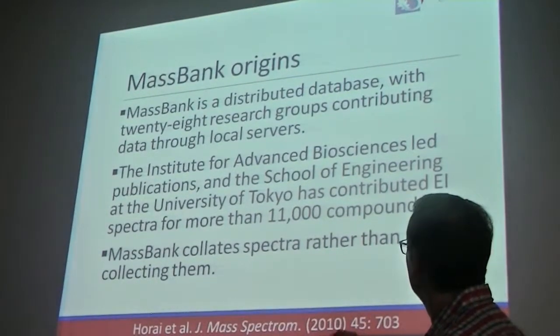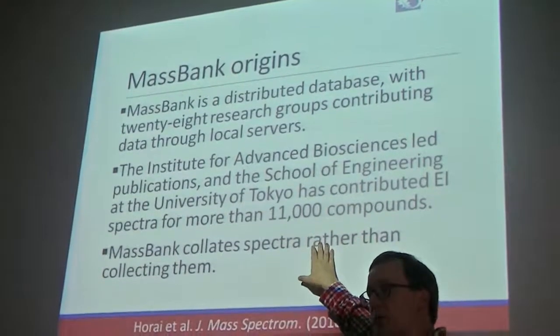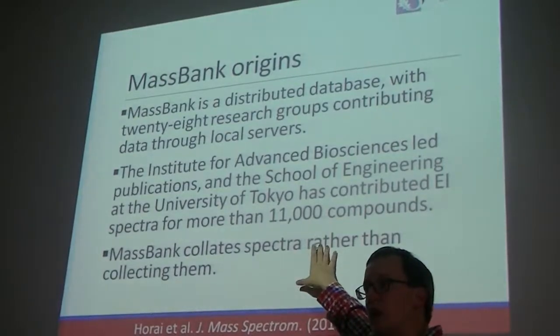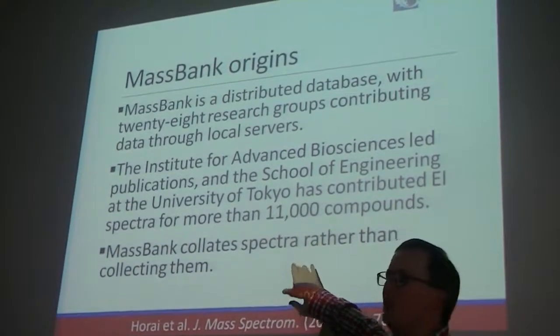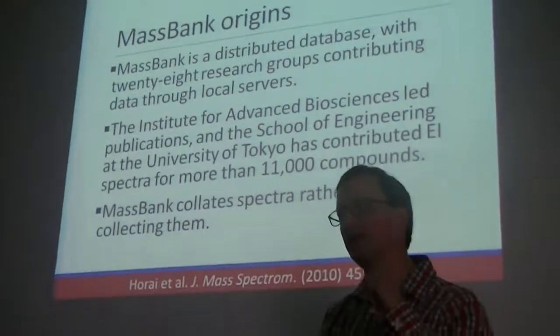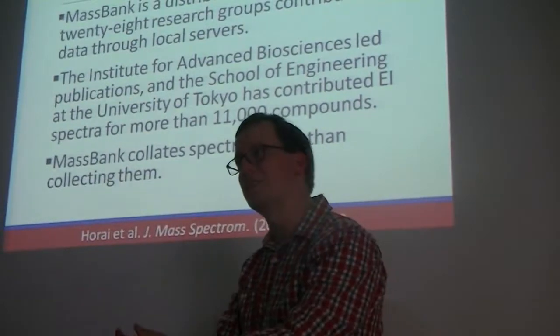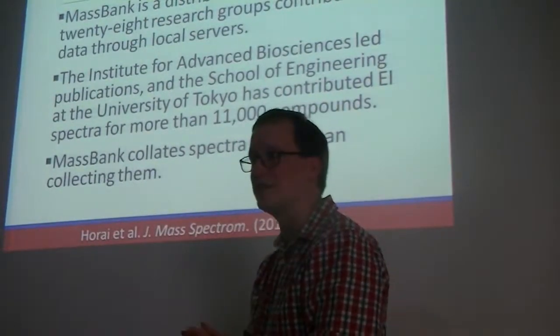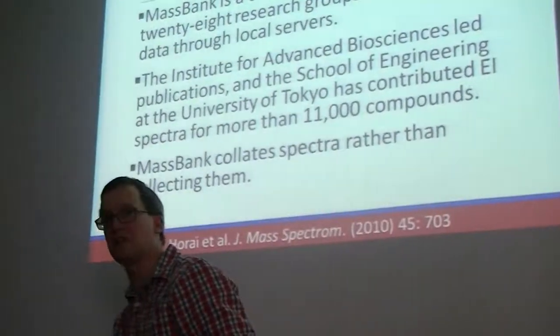They've now got about 11,000 compounds, which, as you probably recall, was about the same number as Metlin had accumulated at the one site. And they also collate spectra. MassBank is not really about paying for new data generation. They just want to be the site you go to in order to make sense of your data. So they're trying to collate data from as many researchers as they can.